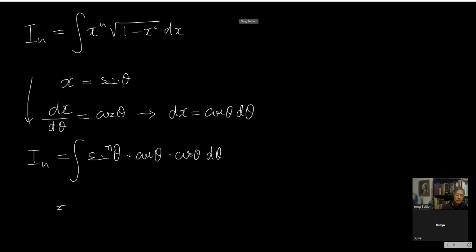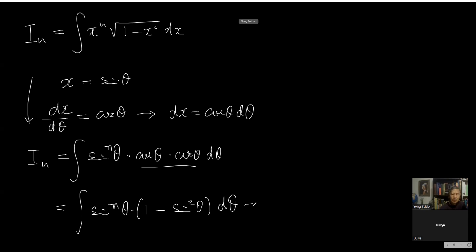That's the right way to go. So we have sine to the power n, and cosine multiplied by cosine is cosine square, and cosine square is 1 minus sine square theta. Can you follow me?